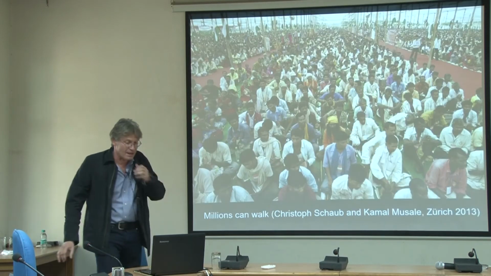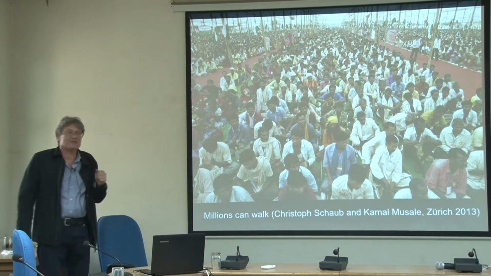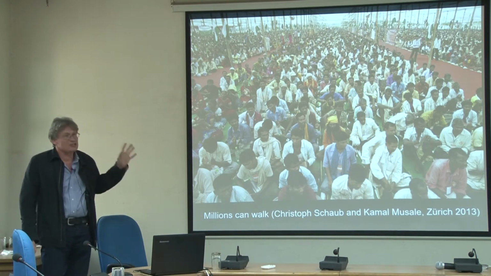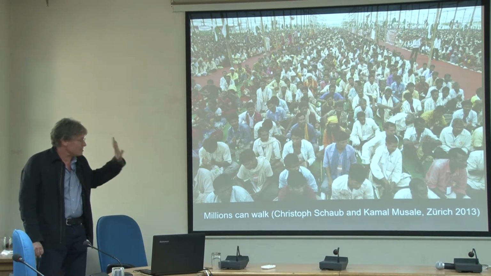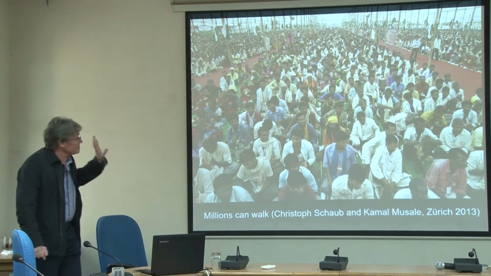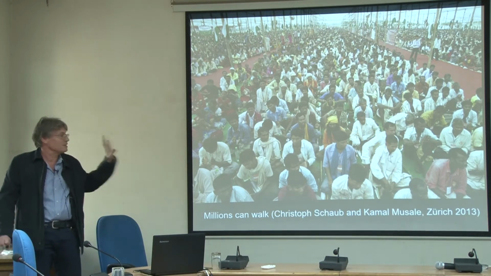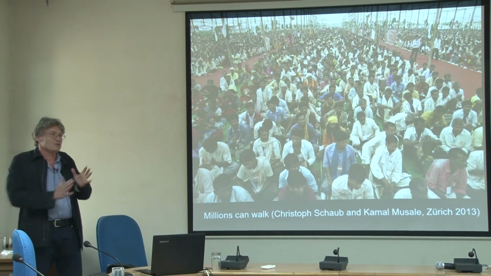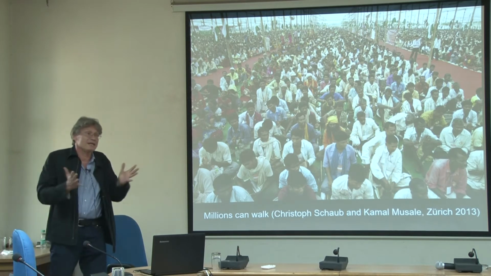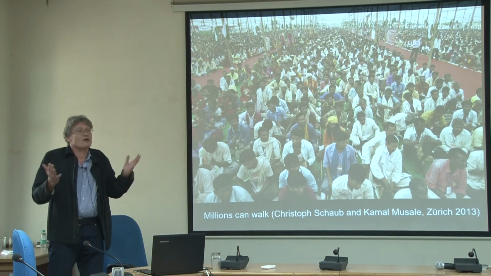Another example. This is now India. I bring that film, a film called Millions Can Walk. It's a film that is actually produced in Switzerland about this huge march that was organized by, we could call them, the indigenous people in India, who lost their lands, were relocated, and were deprived of their land as a result of land grabs.